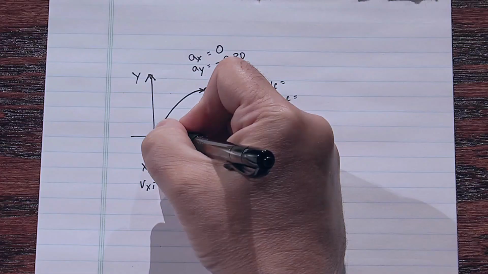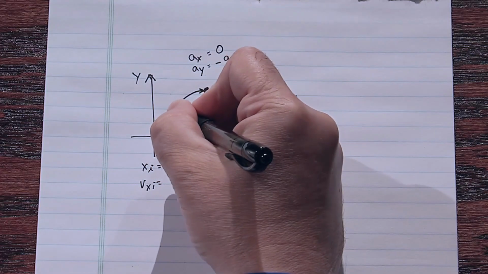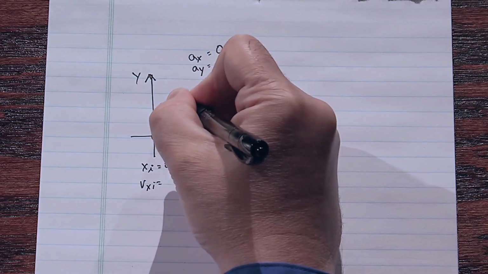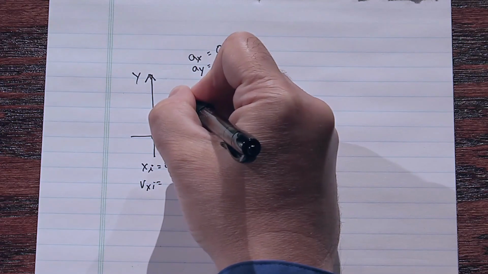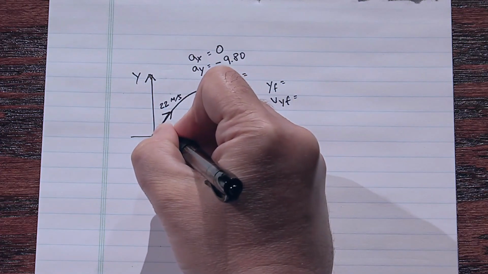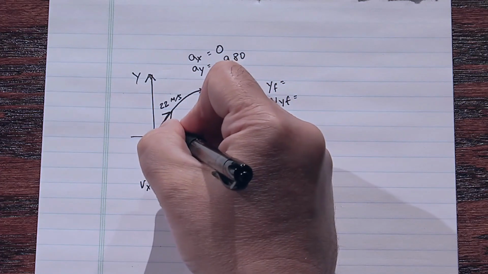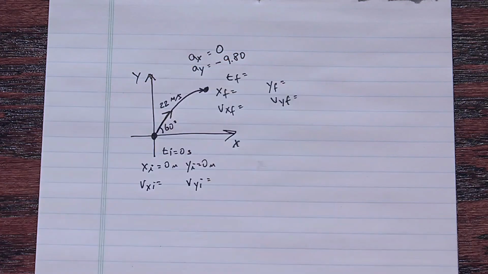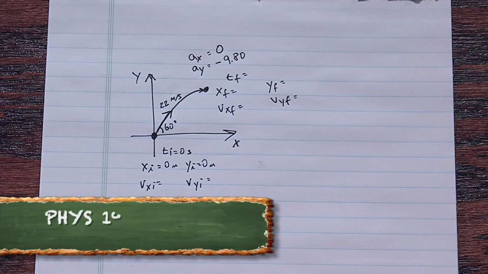Let's see. We're told that the ball is hit with an initial velocity of 22 meters per second at an angle of 60 degrees. And I do believe that that's all the information that we're explicitly given.